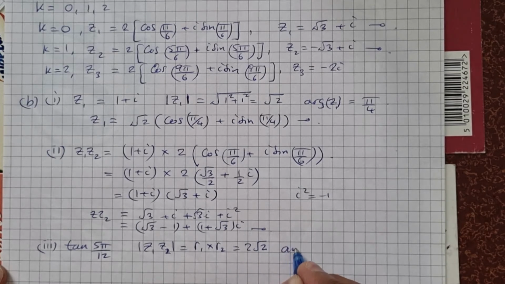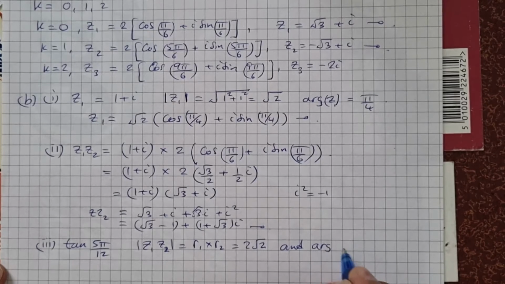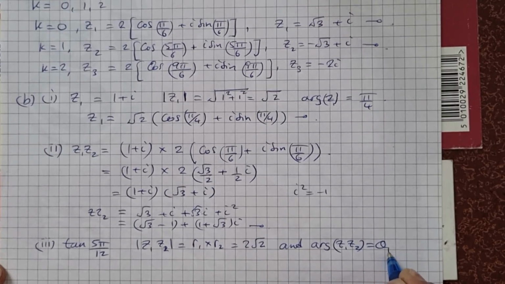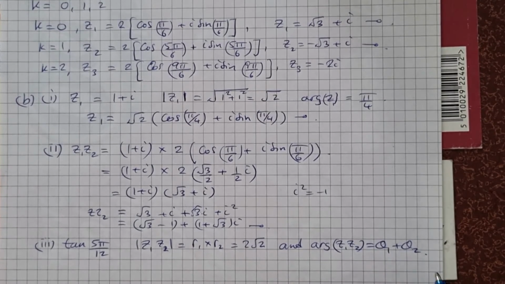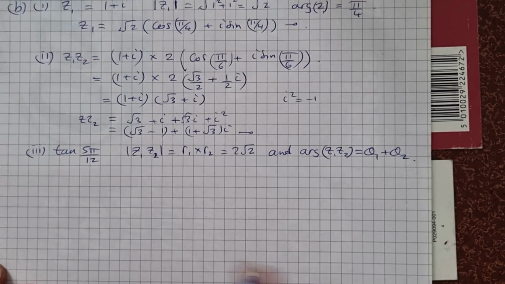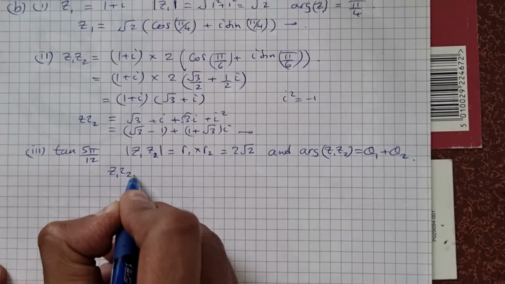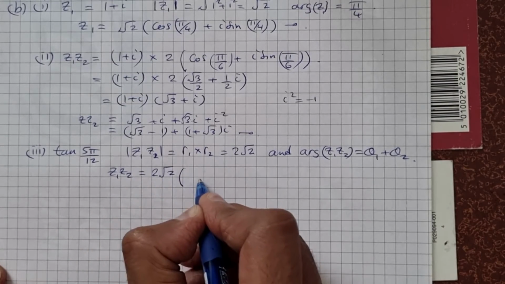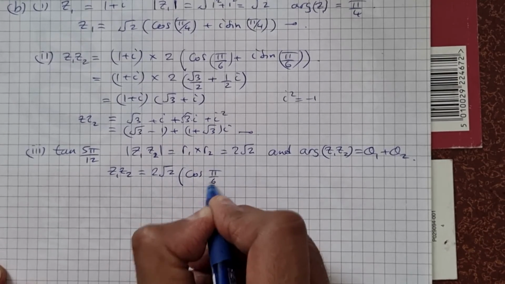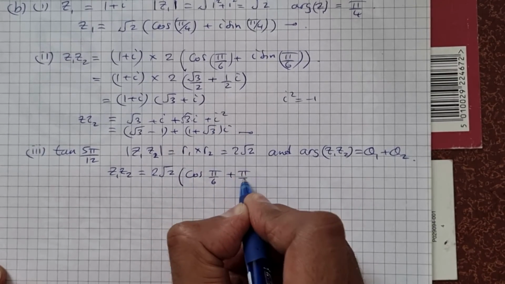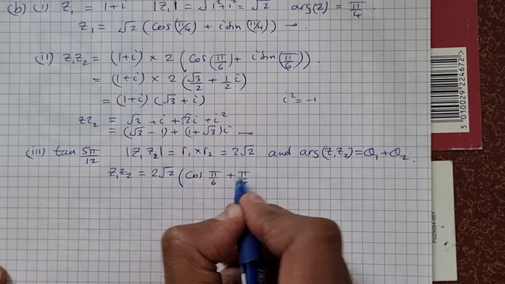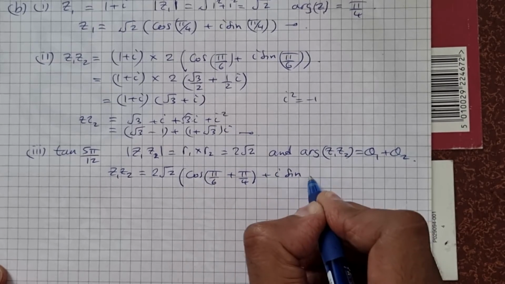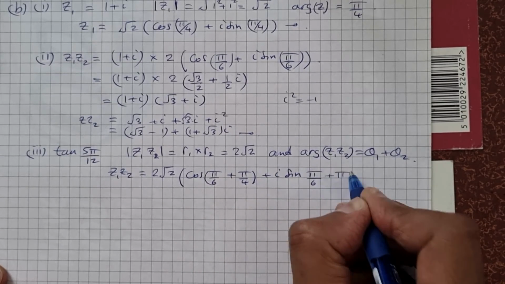And for the argument of Z1 times Z2, I should be able to get alpha 1 plus alpha 2. So Z1 Z2 is equal to 2 root of 2 into cos of pi upon 6 plus pi upon 4. This is first angle plus second angle, theta 1 plus theta 2. And then plus i sine of pi upon 6 plus pi upon 4.